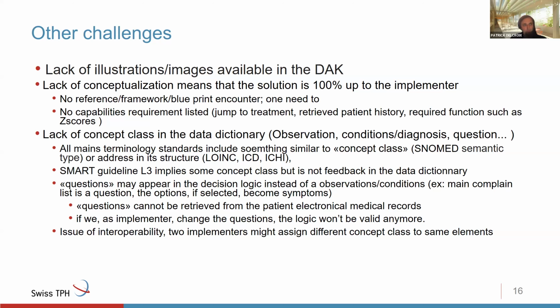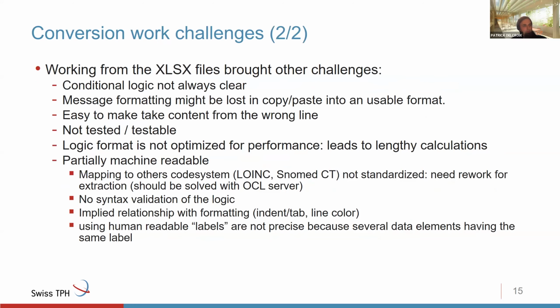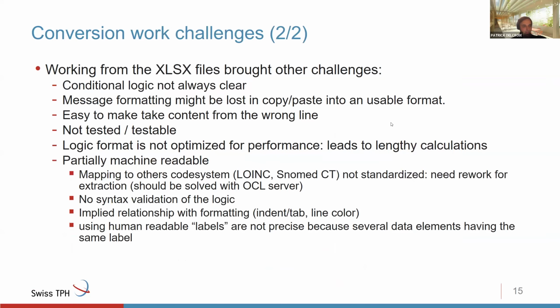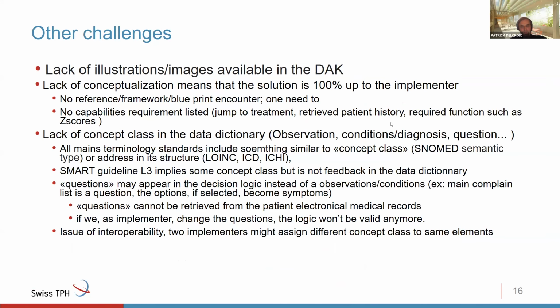The lack of conceptualization is also in the data dictionary. I can go back a bit here. You don't see a class of concept. Normally the data dictionary has many more columns, but you can check, there is no concept class. The concept class is when you have a concept like diarrhea, and you need to say whether this is a symptom, a sign, a diagnosis, or simply a way to ask for some information or question.